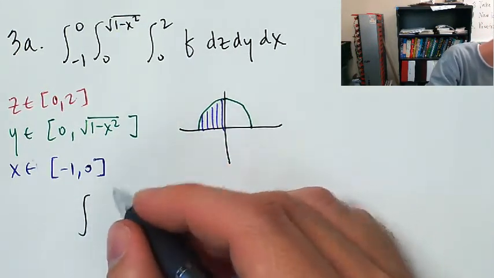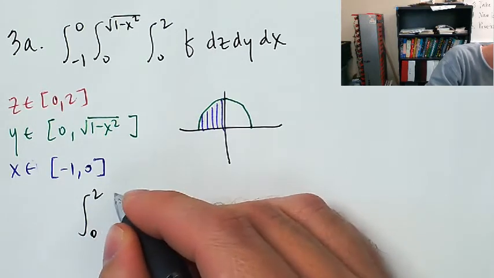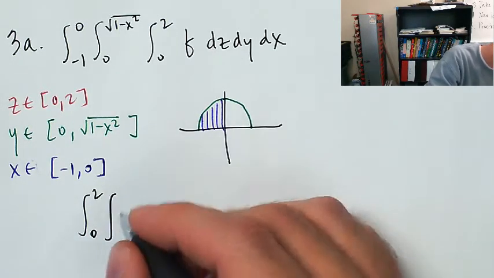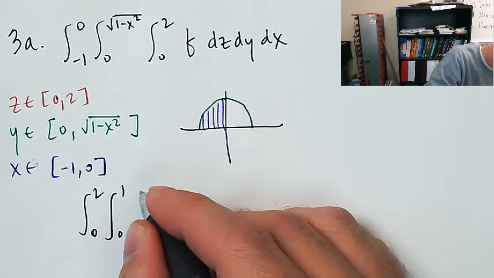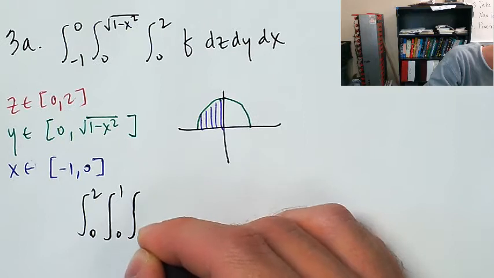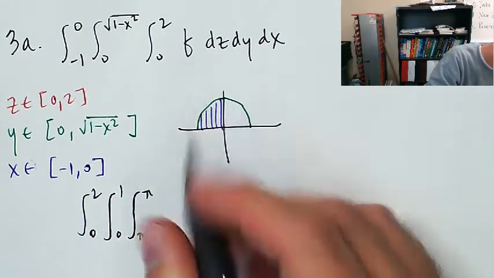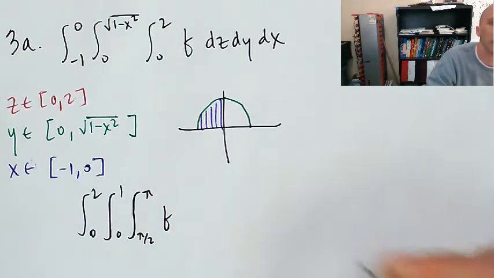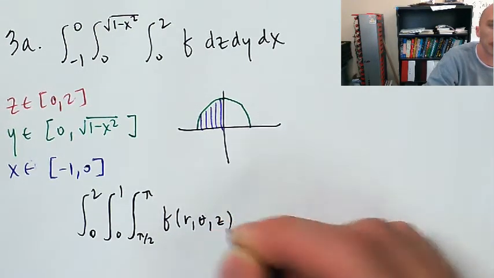Alright. So I might put z on the outside. R is 0 to 1. Theta is pi over 2 to pi. And f is going to stay the same. Maybe I'll say it's f of r, theta, and z.